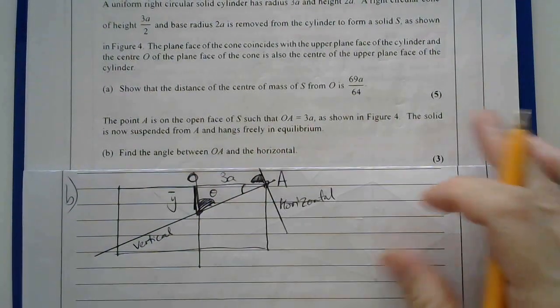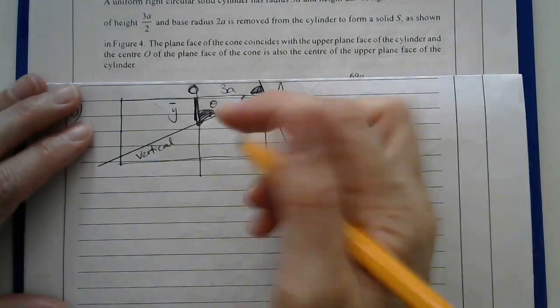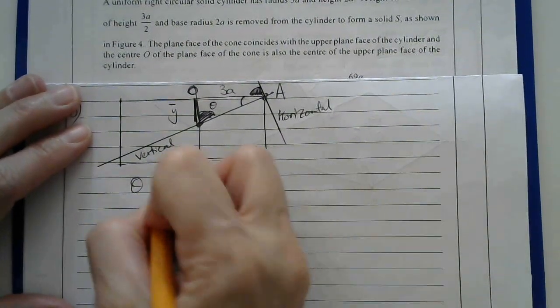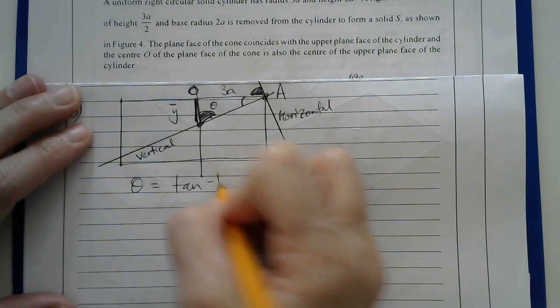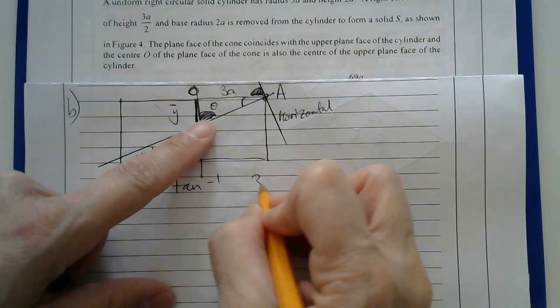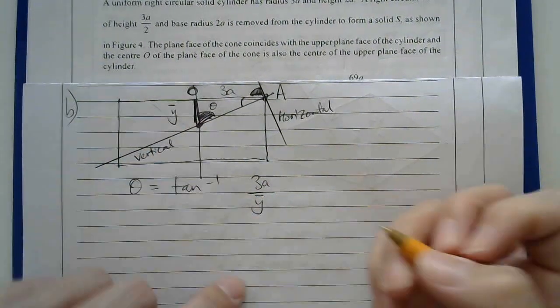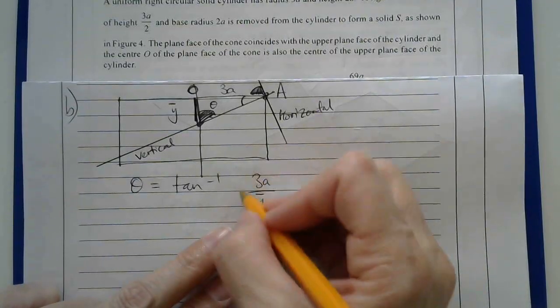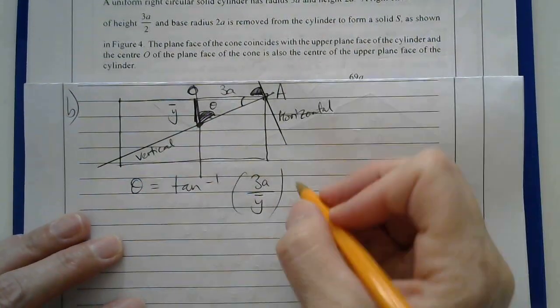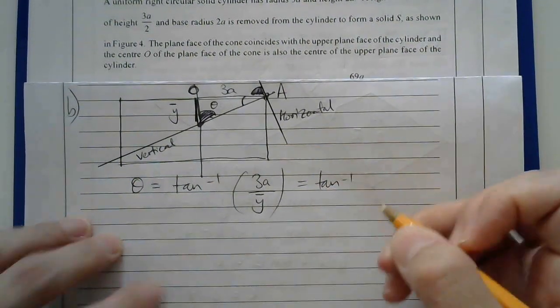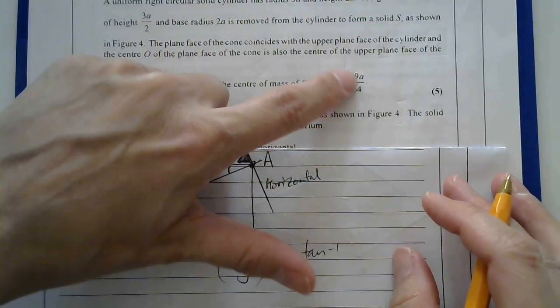So I'll call that theta, and I can see that theta is inverse tan of opposite over adjacent, so 3A over what I worked out to be Y bar. So I can do inverse tan of 3A divided by this.